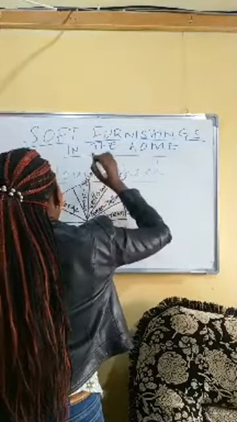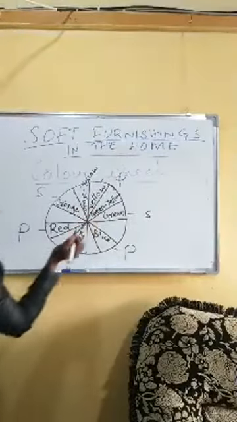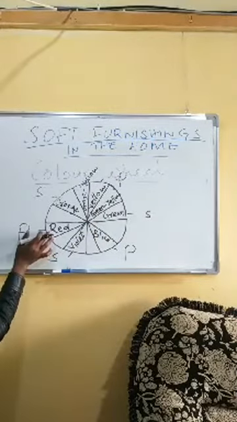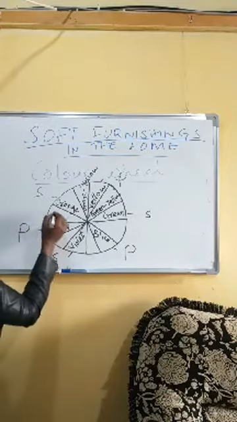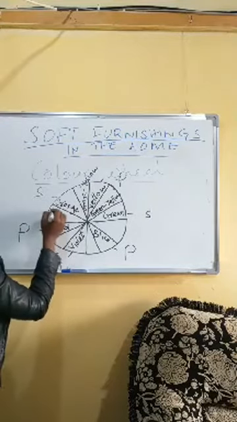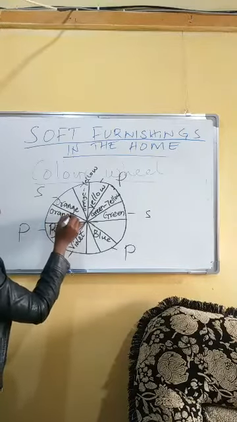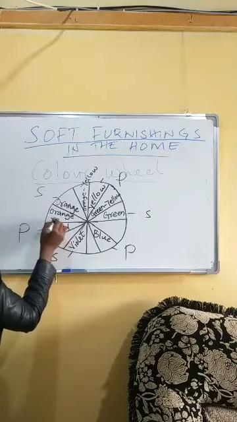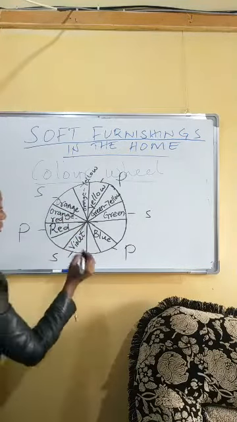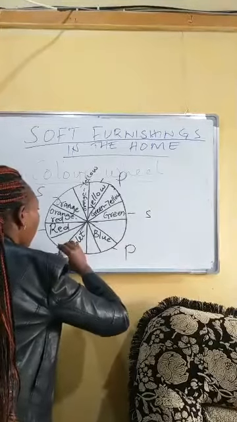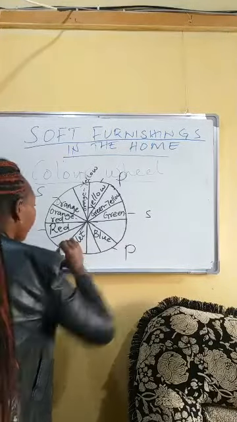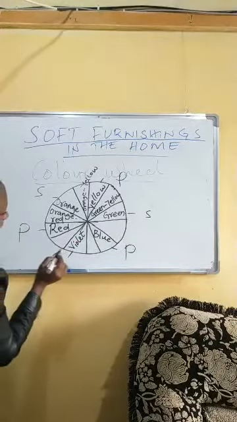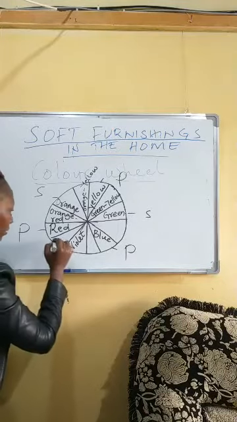Then we have red plus orange. We're going to have orange red, or red orange. Here we're going to have red violet, or violet red.